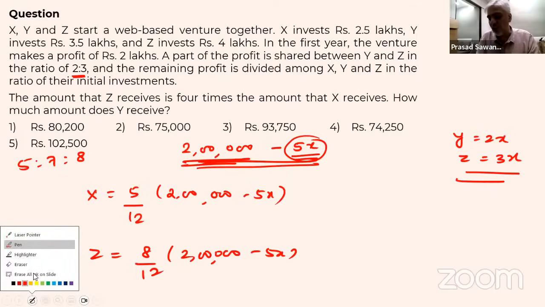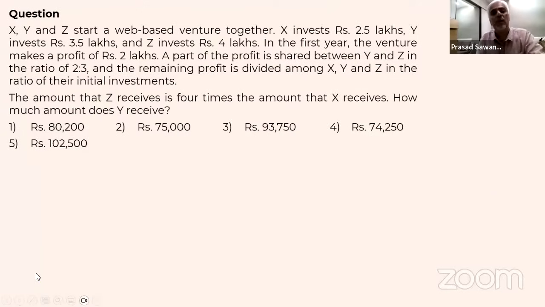Let me try and explain the earlier method one more time to you. At the end, they were supposed to get 5, 7, 8, which means X will get 5 only. And they have told Z gets 4 times of X, which means Z gets 20. But where does this 20 come from? He should have got only 8.